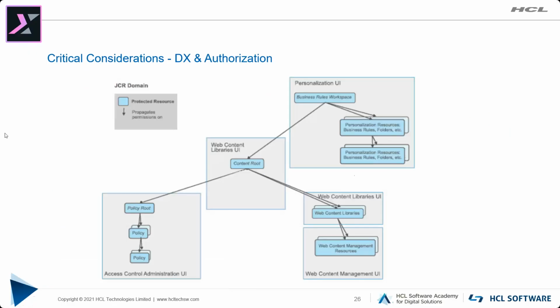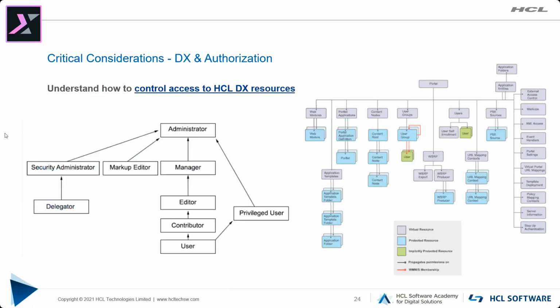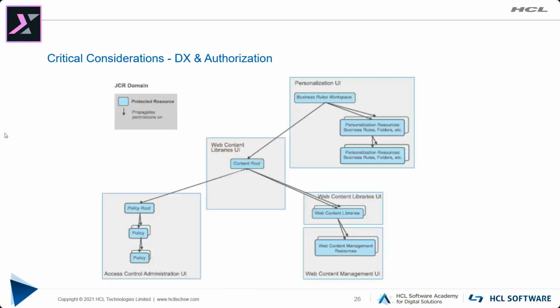And then this graphic was for the release domain. Those are all of your pages in your site. And then there is a separate content hierarchy for web content. And that is what we call the JCR domain. And that tree is a little bit different, but the propagation is essentially the same.